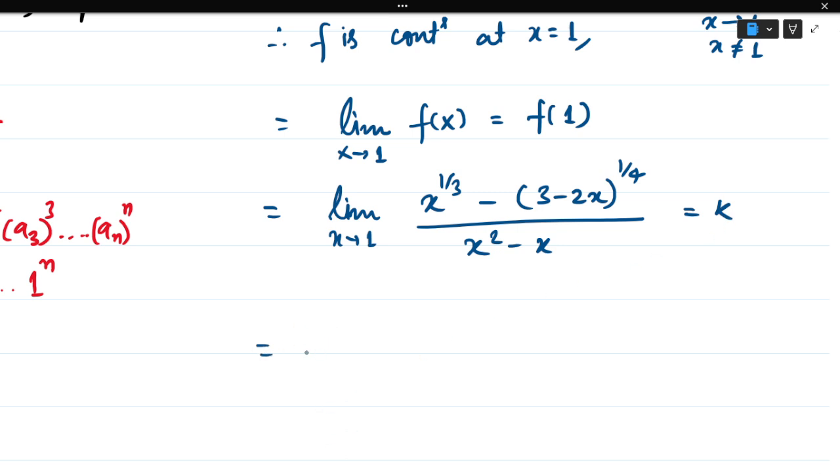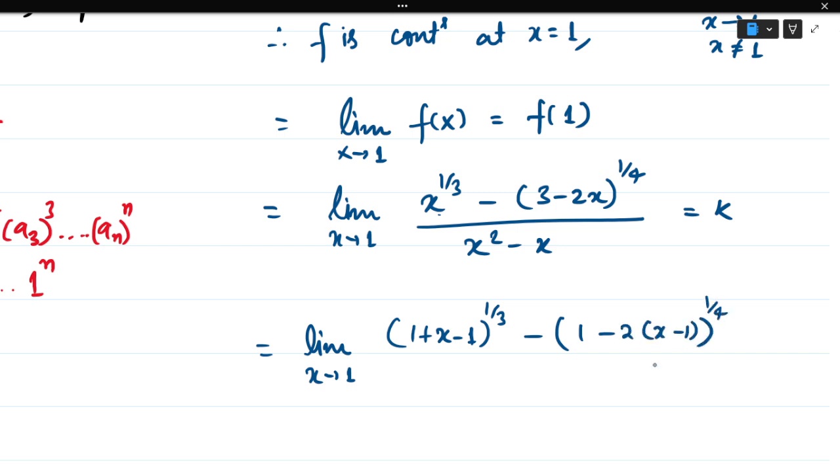One can do a manipulation: if we write 3 minus 2x as 1 plus (1 minus 2x), adding 1 and subtracting 1, we change this to 1 minus 2(x minus 1). A simple manipulation. What will be the benefit? You will know very soon. Taking x common in the denominator, we get x minus 1.